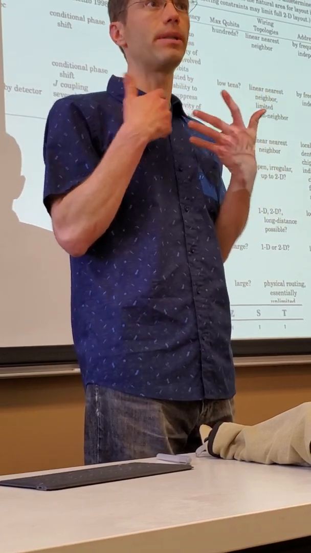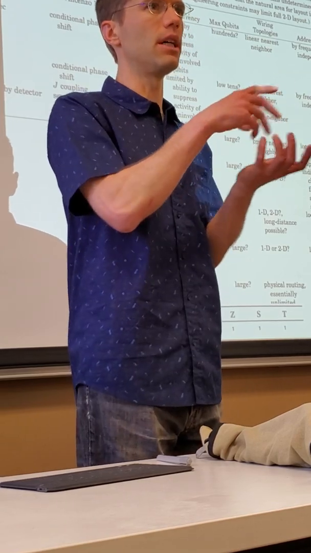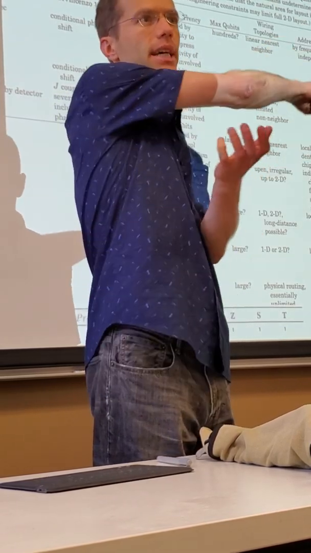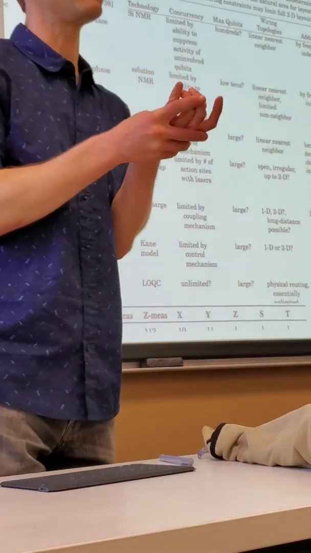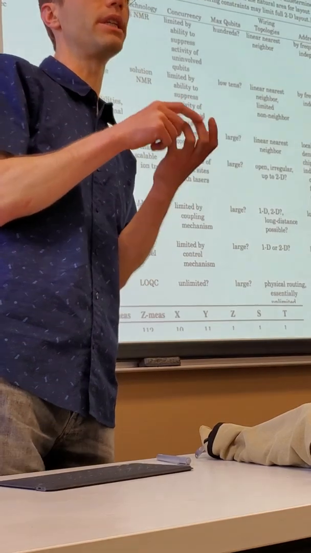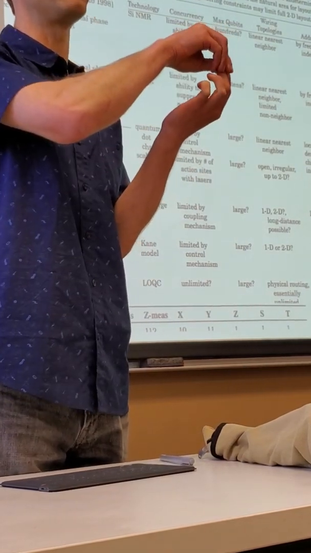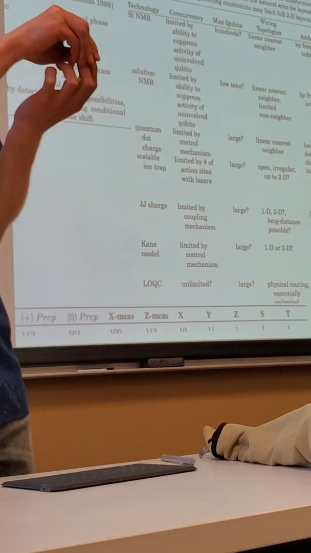Maybe there's some limited geometric locality, so you can't do a CNOT gate from this guy to that guy, but that's not so hard to worry about. And then the other thing we think about is that there's going to be some noise on every gate, but we say the noise on this controlled NOT gate is independent of the noise on that controlled NOT gate, which might not be true in practice.